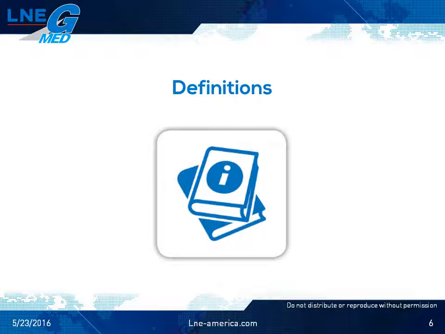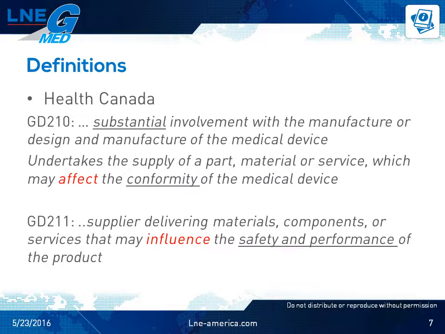Let's take a look first at some definitions. Looking at Health Canada's two guidance documents, the GD210 and the GD211, we see that they mention the criteria leading to an evaluation of the sufficient objective evidence showing the competency of a supplier to undertake the subcontracted activities relative to the medical device.